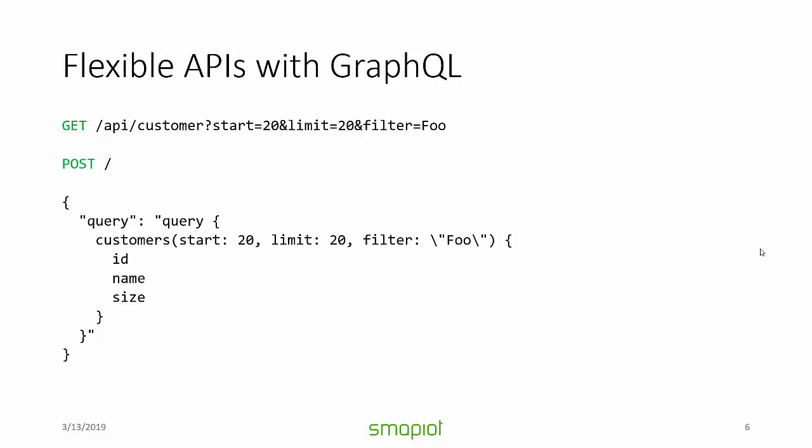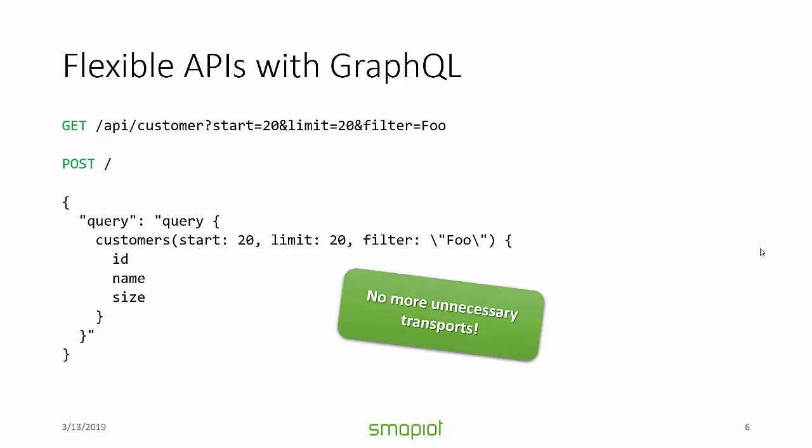Coming up with a similar, or let's say remotely powerful syntax just on top of REST is a quite difficult endeavor. So GraphQL gives us these abilities out of the box. There are no more unnecessary transports. We can directly communicate what we are interested in.